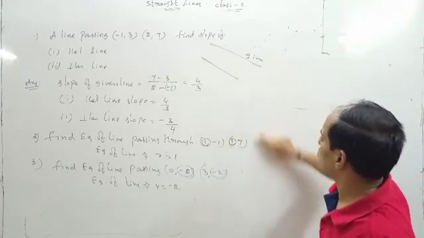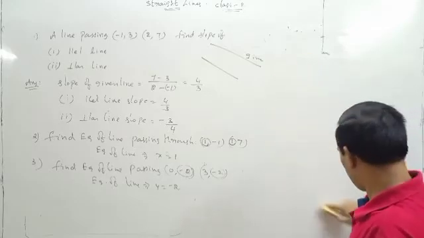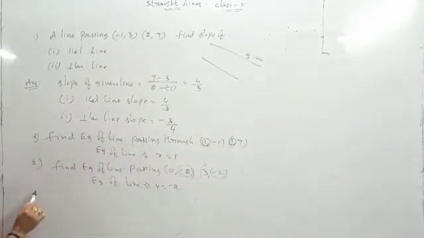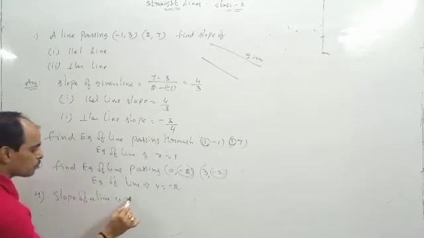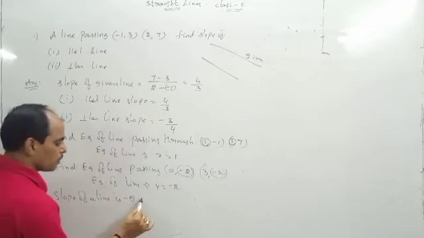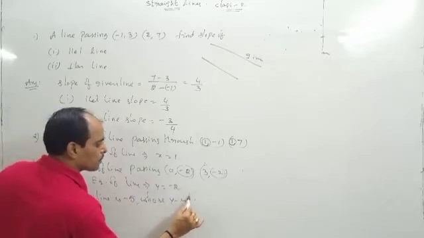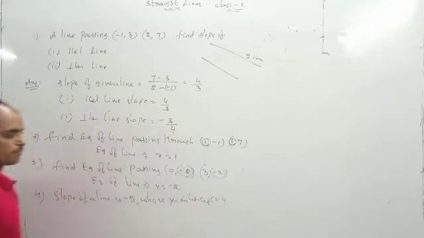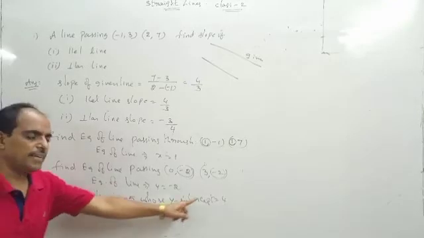Next, very simple problems. Another problem: the slope of a line is minus 5, whose y-intercept is 4.